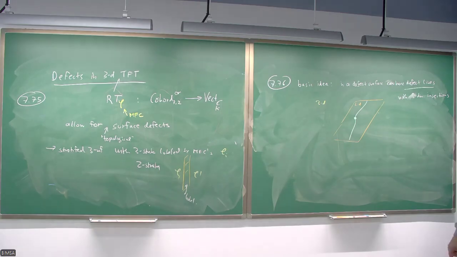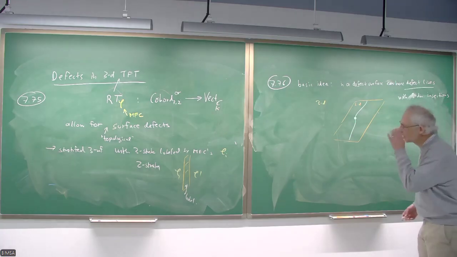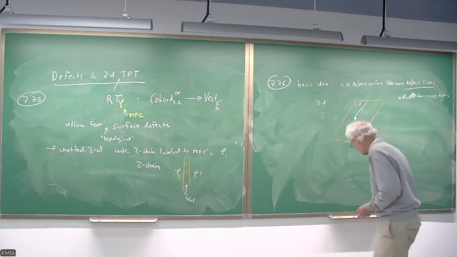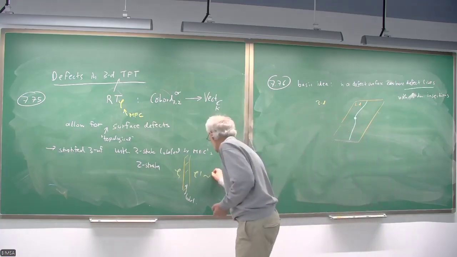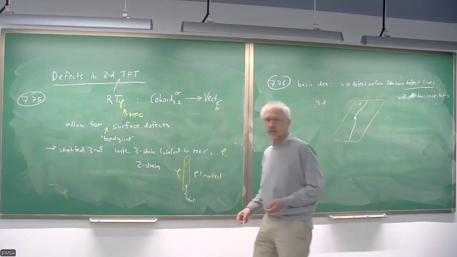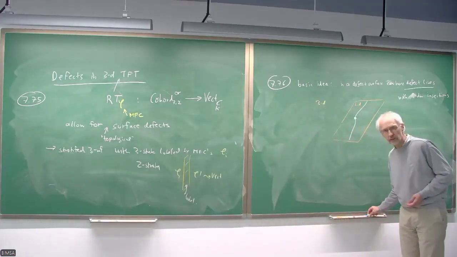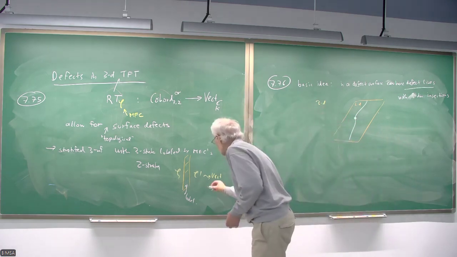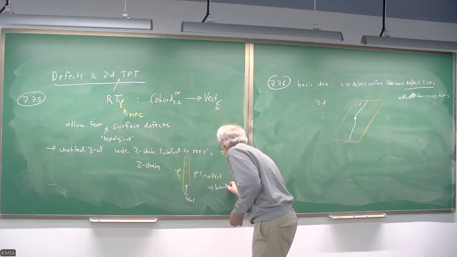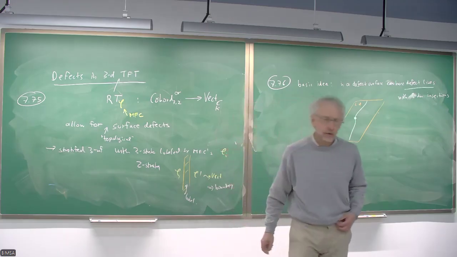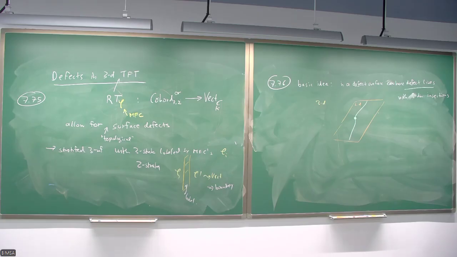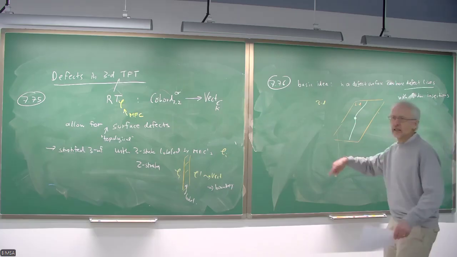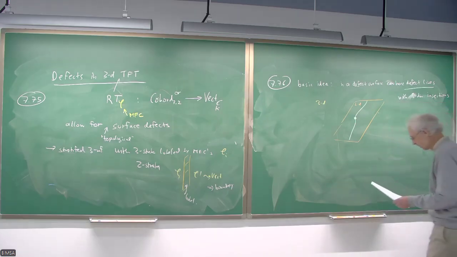It turns out actually that for everything that is done, one can first consider the situation that C prime is just vector spaces, so trivial, and this corresponds to actually a boundary. So what we are describing now are not labels for such topological defects, but for topological boundaries. And once we have that, the step to defects will be easy.